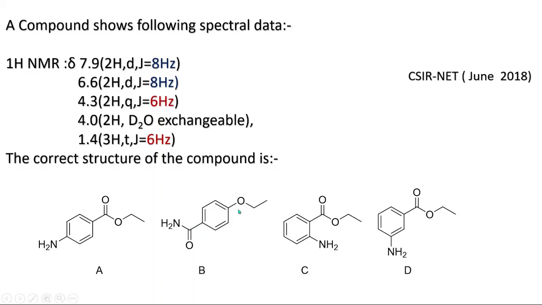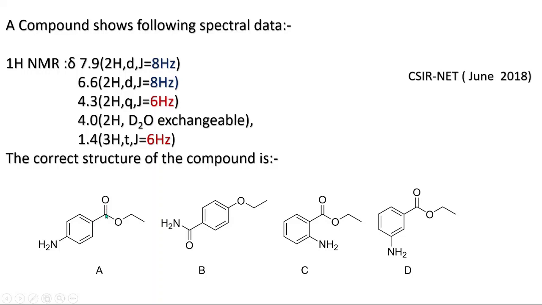There is some electron donation, but oxygen is more electronegative. So this will be electron withdrawing also, electron donating also, but the donation is not that good. So in this molecule, the nitrogen is a good electron donating group as compared to oxygen, and this is a good electron withdrawing group also.